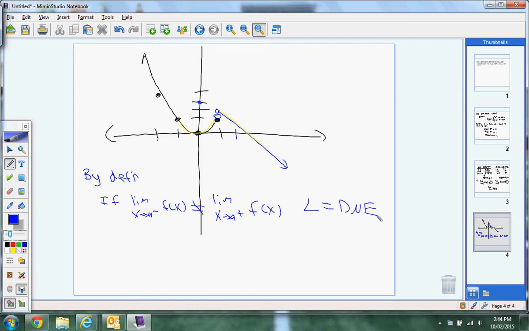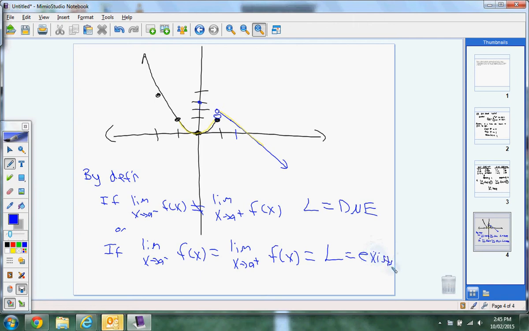So I was just saying, if from the left and the right is not equal, it does not exist. Okay, conversely, if the limit as x approaches a from the left of f of x equals the limit from the right of f of x, L exists. Okay, that's just kind of the general form.